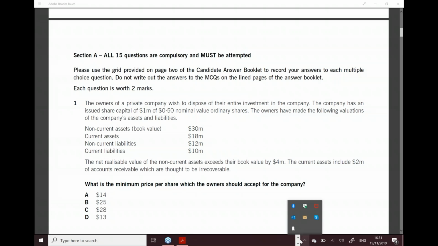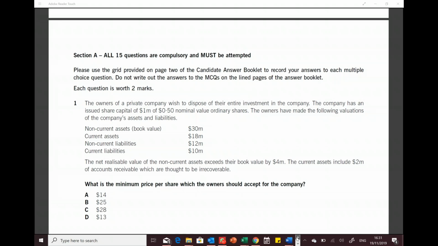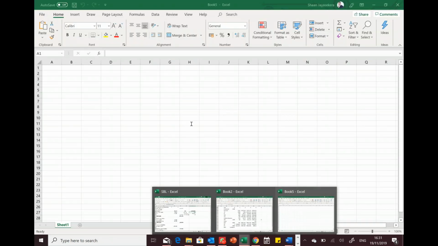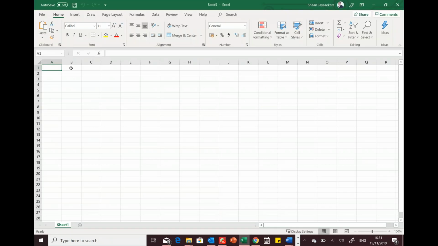Now to work out this minimum price per share, we can first of all work out the book value of this share.